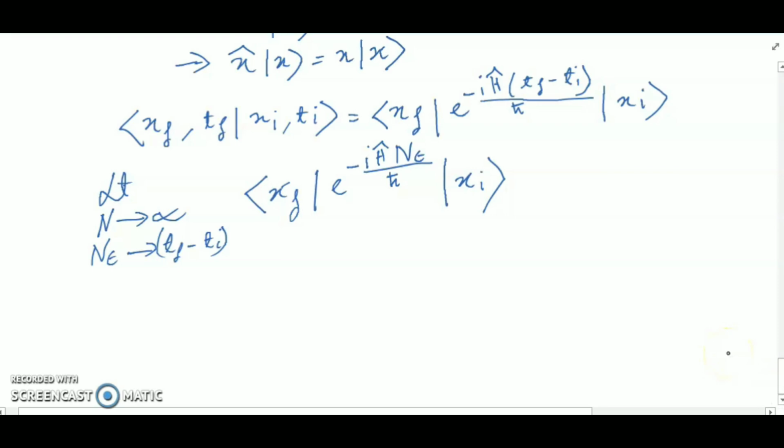Okay, this operator can be written as a factor of evolution operators, h hat epsilon. Okay, you can insert between them the identity operator and the completeness relations.